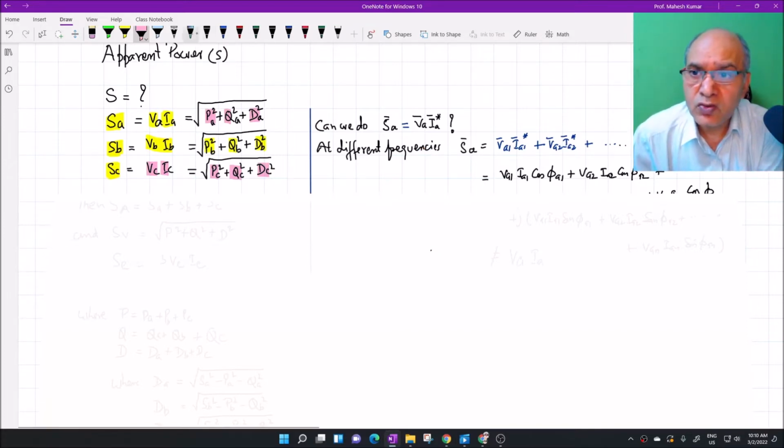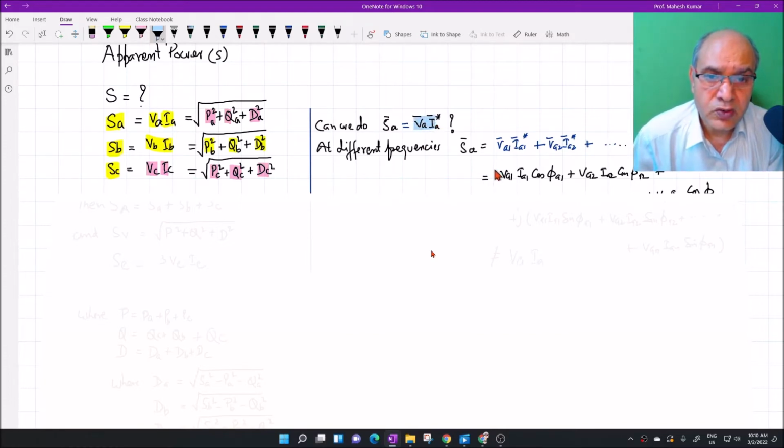So you cannot use a single expression like this, but you can use the individual expression for each harmonic frequency. For example, we can write like that: this is SA1 complex, then this is SA2 complex and so on. That can be done.